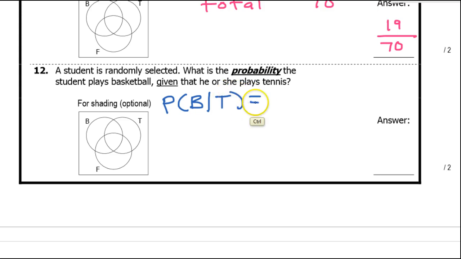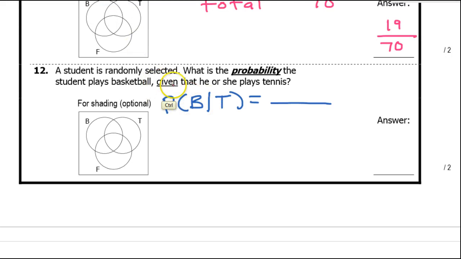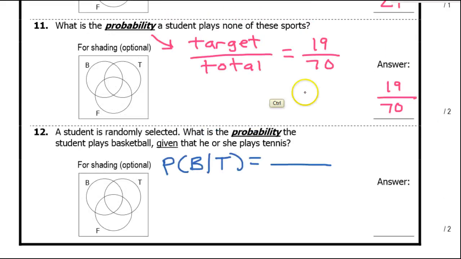All right, that's the notation, by the way. And like we did before, we're going to do target over total. Here's the reason why I love given problems, because they practically give you the answer. I'm always talking about target over total whenever I'm doing probability. Well, guess what?